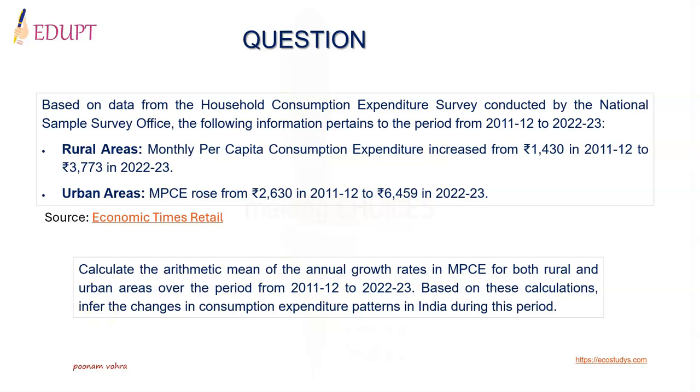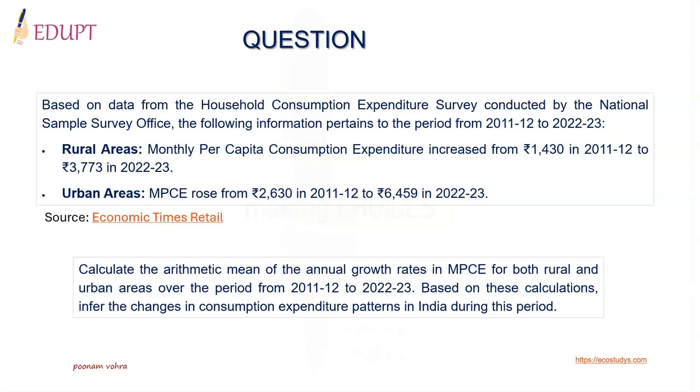Based on data from the Household Consumption Expenditure Survey conducted by the National Sample Survey Office, the following information pertains to the period from 2011-12 to 2022-23. In rural areas, monthly per capita consumption expenditure increased from 1,430 rupees in 2011-12 to 3,773 rupees in 2022-23.